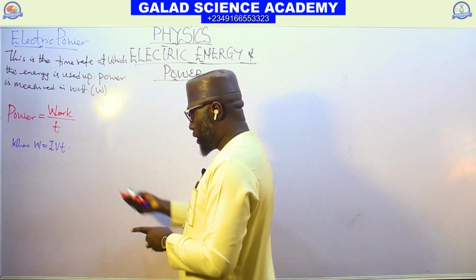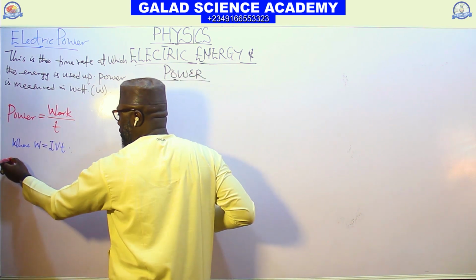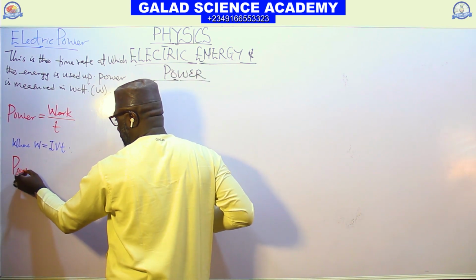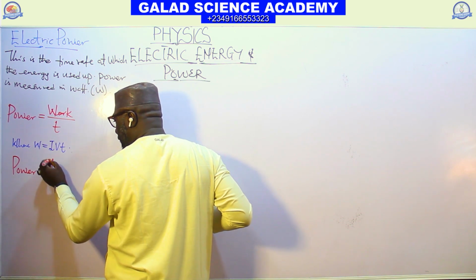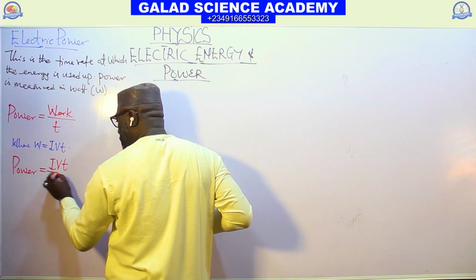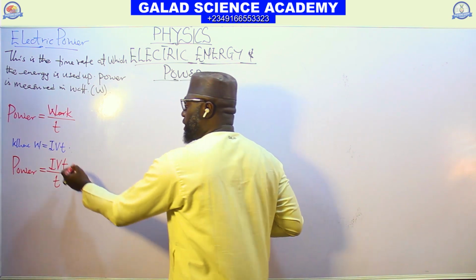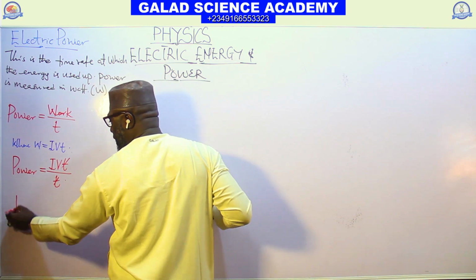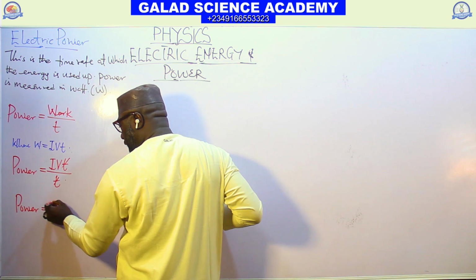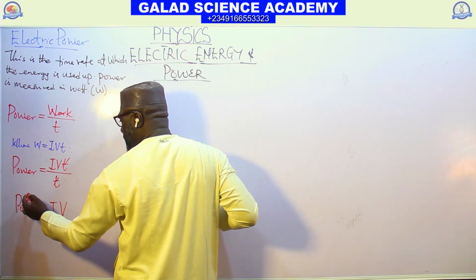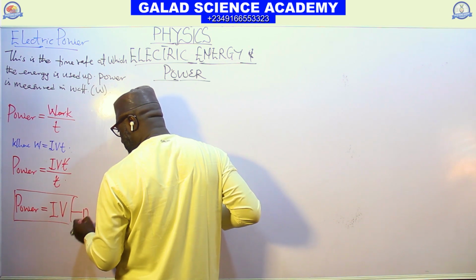If the work or the electric energy in a circuit is IVT, then electric power should be equal to IVT over T. The T will cancel. Therefore, electric power is equal to IV. This is equation 1 for power.